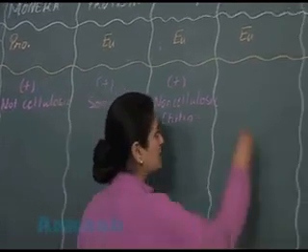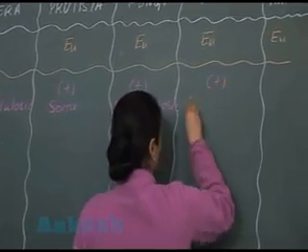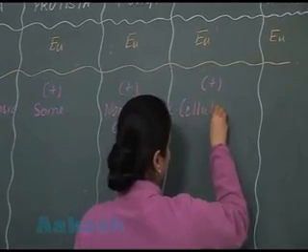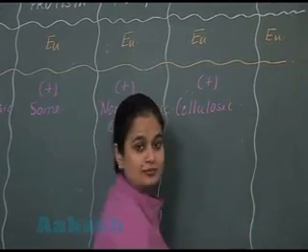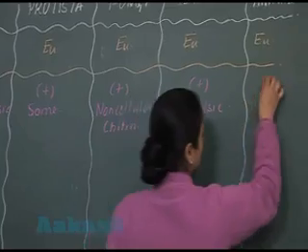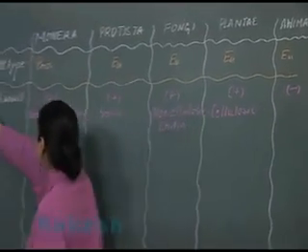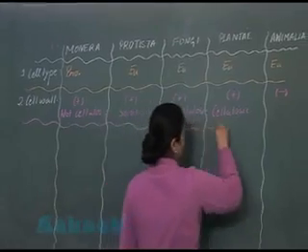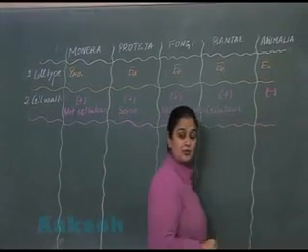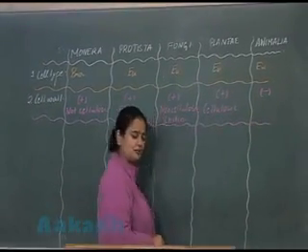Plantae, cell wall is present. All of us know it is cellulosic in nature. Animalia, cell wall absent. Now after this, the next feature is presence or absence of nuclear membrane.